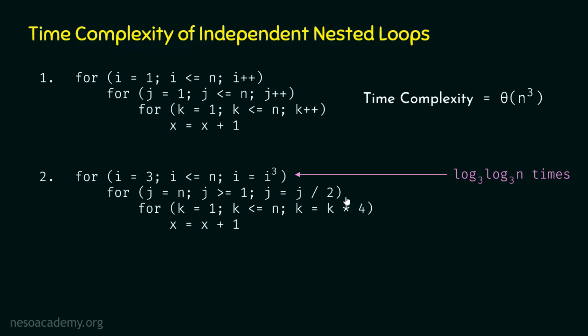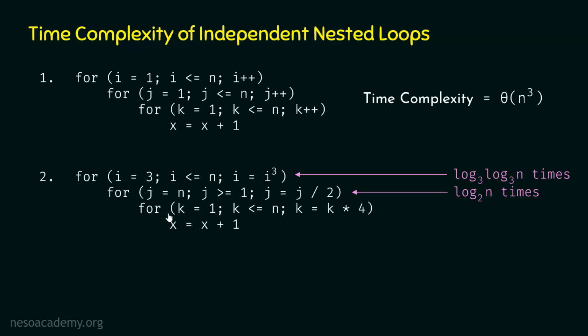The frequency count of these types of for loops is always log n, and the base of the logarithm can be obtained from the constant in the update expression. Here we have this constant 2 in the update expression. Therefore, the frequency count of this for loop is log n base 2. Hence, this for loop will execute log n base 2 times.